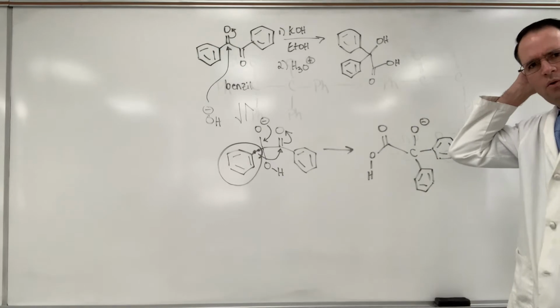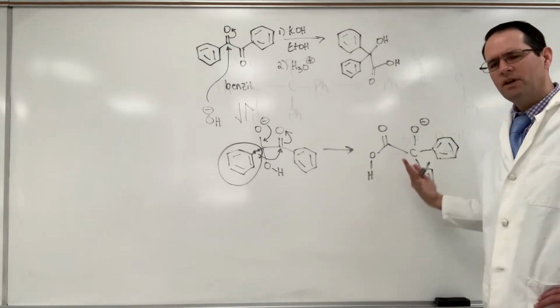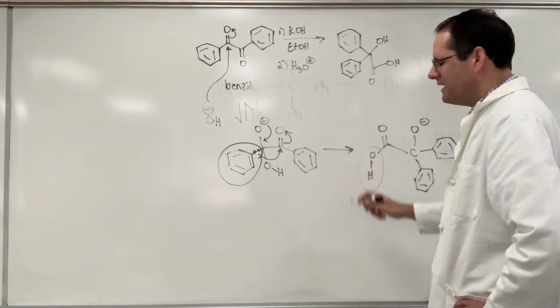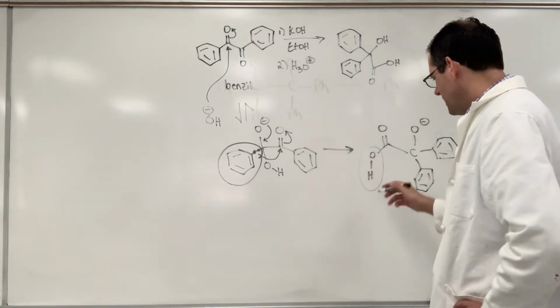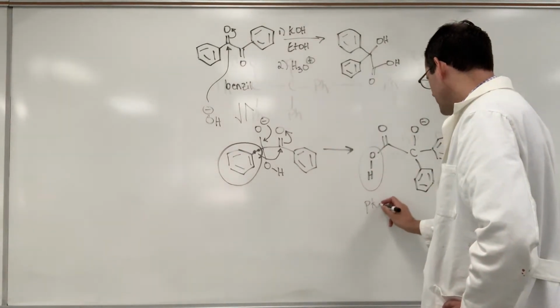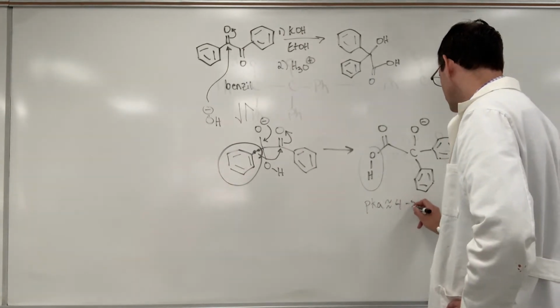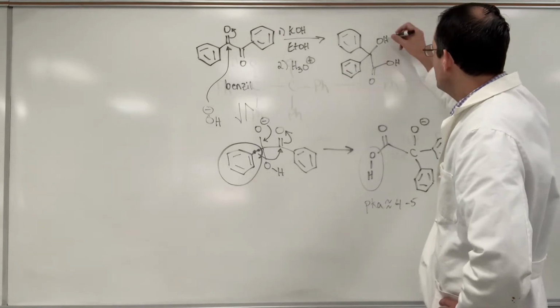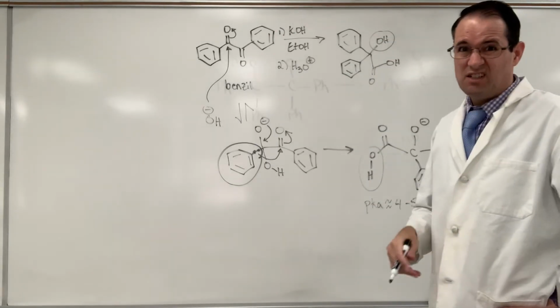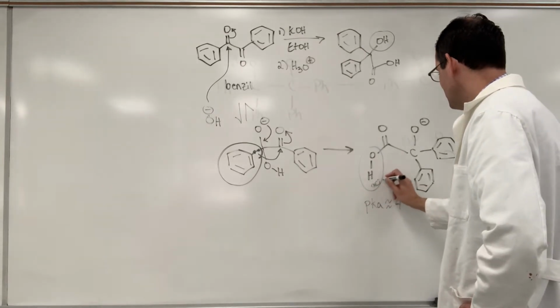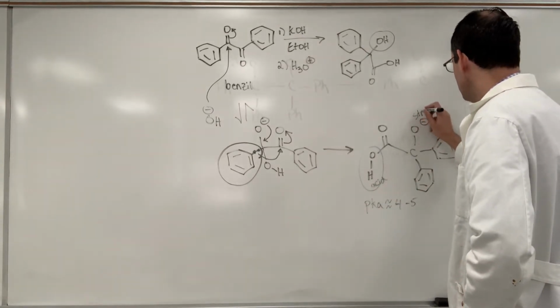and you might be wondering, well, why don't we stop at this intermediate until we add the acid? The reason is because a carboxylic acid has a pKa of about 4 to 5. And an alcohol has a much higher pKa, okay? So this is an acid, this is a strong base.